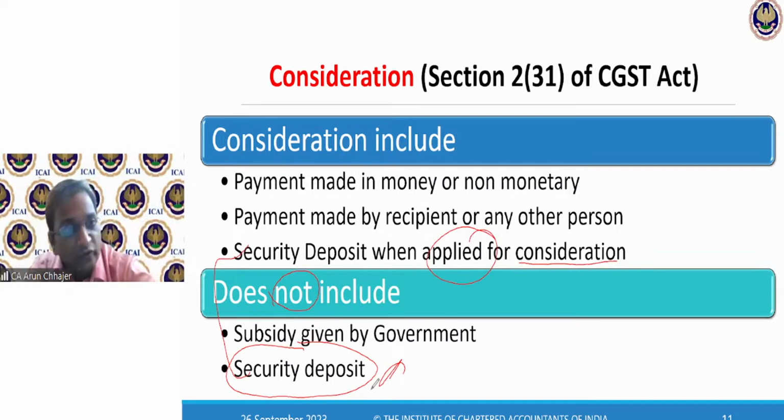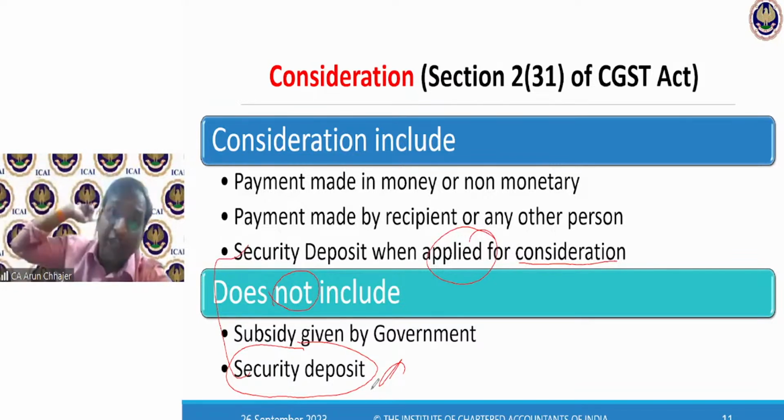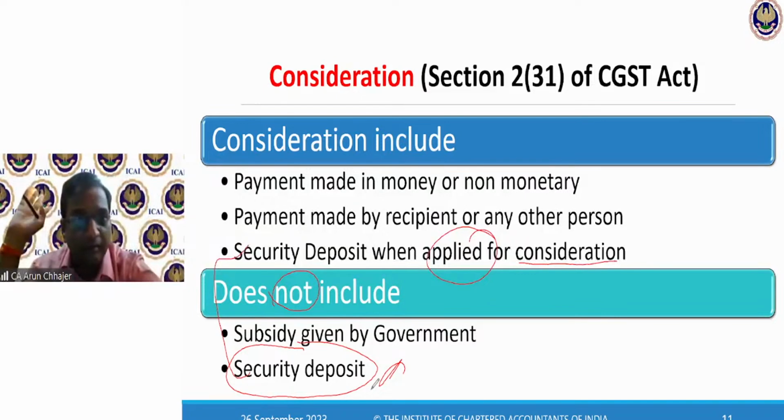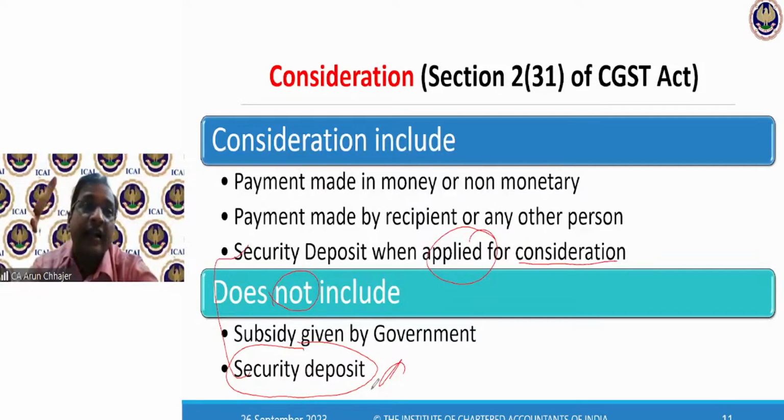Let's say the contract is for 11 months. On completion of 9 months, I tell him, friend, I will not continue the office. I will vacate your office, and I also request you to please adjust the security deposit of 2 months against the balance period, that is, against the rent of the 10th month and 11th month.